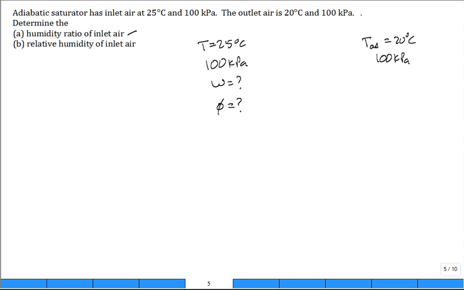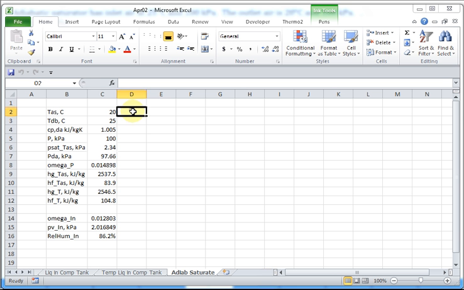Well, equation-wise, it's laid out. Let me try and open up an Excel file. Okay, so let's step through it. The given 20 degrees C adiabatic saturation, 25 inlet air. Specific heat for the air is 1.005.